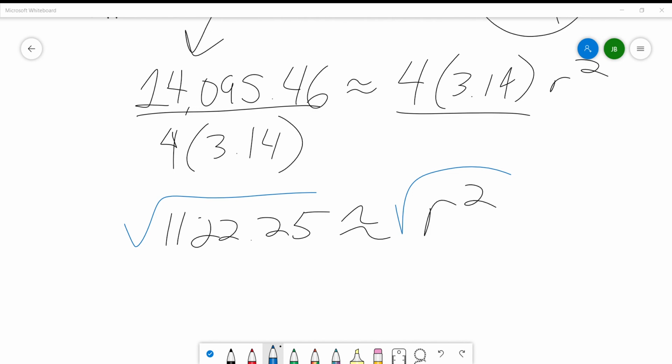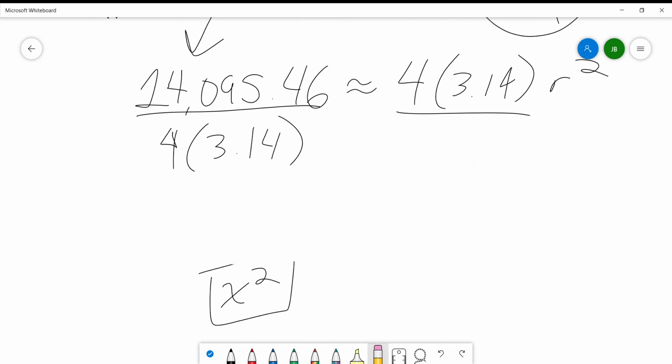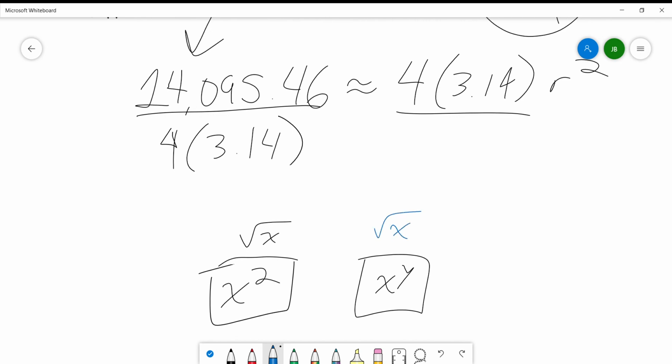Oh man, I wish I could show this in an easy way. So I've got this button right here, and then the second function above it on my calculator is the opposite, or the corollary, square root. And then I've got this button that says x to the y, and the second function above it, usually in a different color, is x to the root of y.